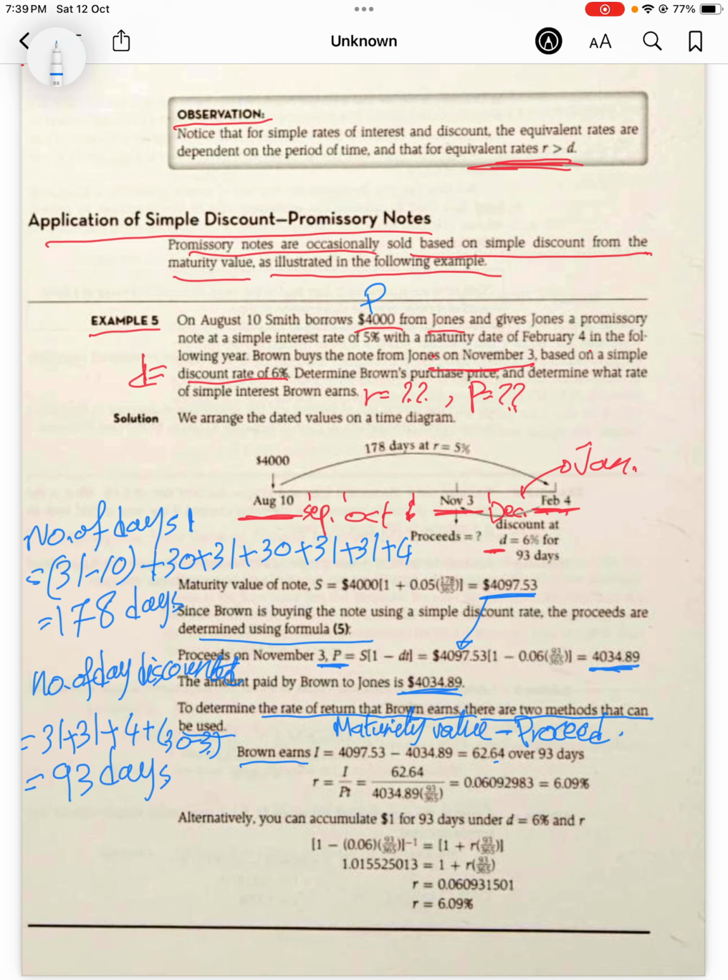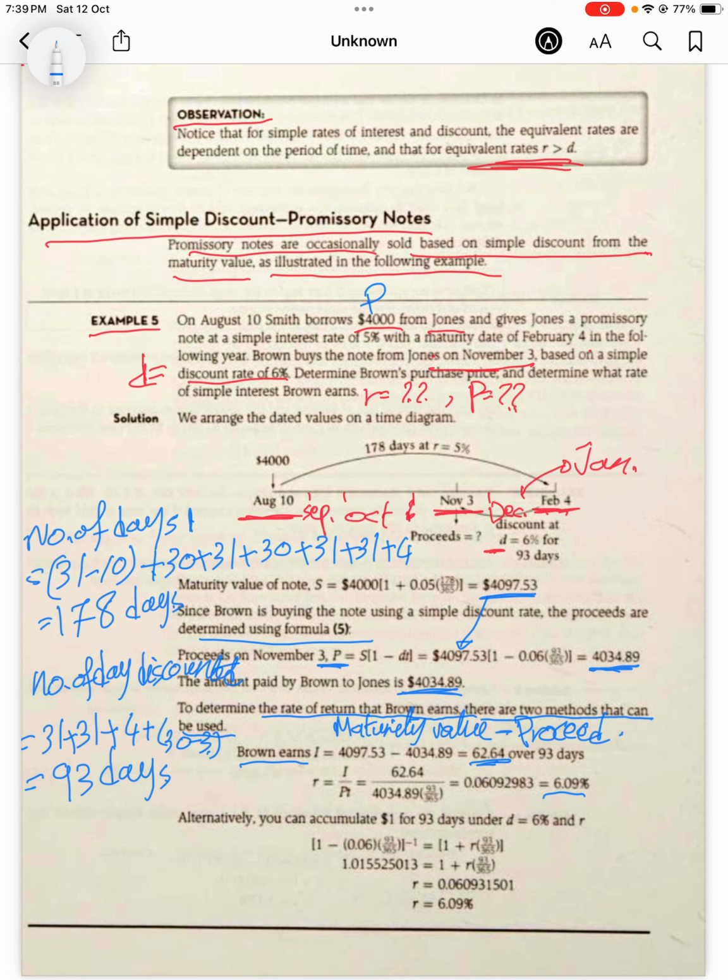I is 62.64 over 4,034.89 multiplied by 93 over 365, which is 6.09%.